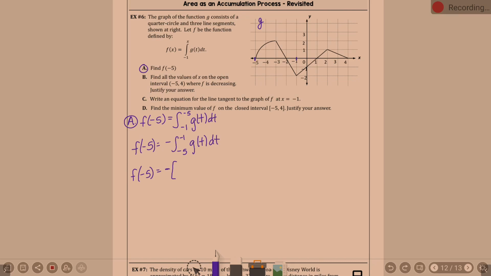-5 to -1. What do you see first? Quarter circle. So that's going to be 1/4 pi r squared, so 2 squared. So we definitely see the quarter circle there.